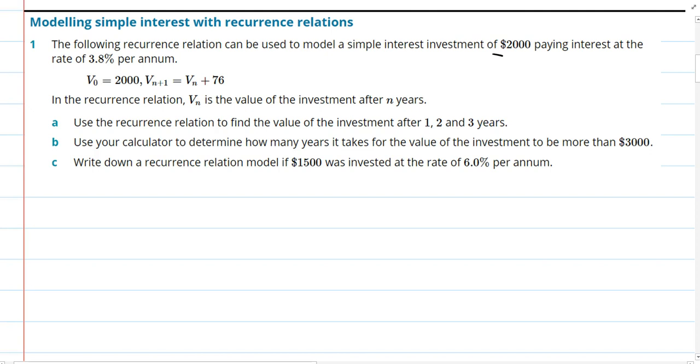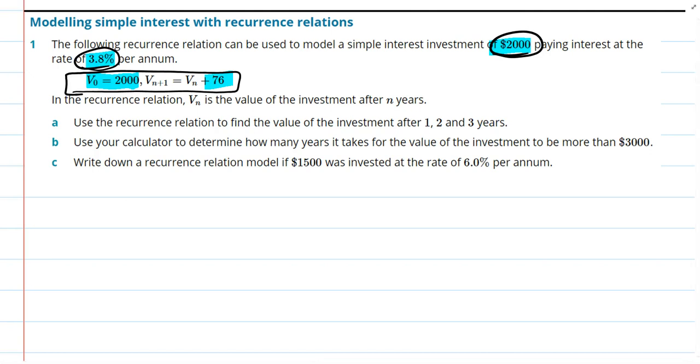So we've got an initial investment of $2,000, 3.8% per annum, and they've given us a recurrence relation here already. So they've actually figured out some stuff for us. The 2,000 in here represents the 2,000 that we started with. And the 76 is actually what the 3.8% per annum would be.